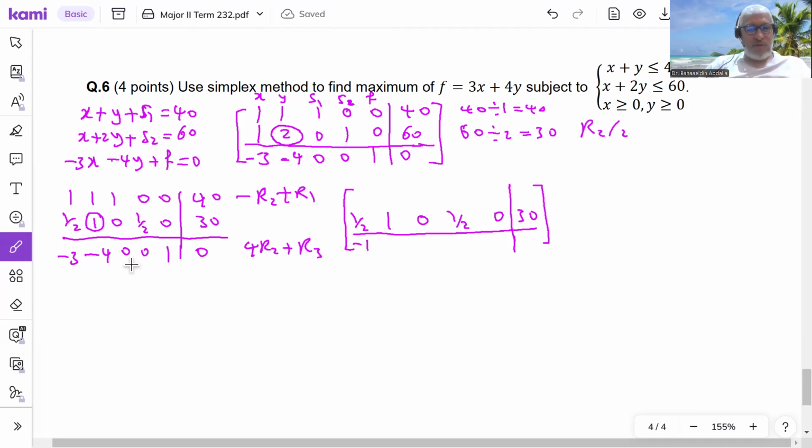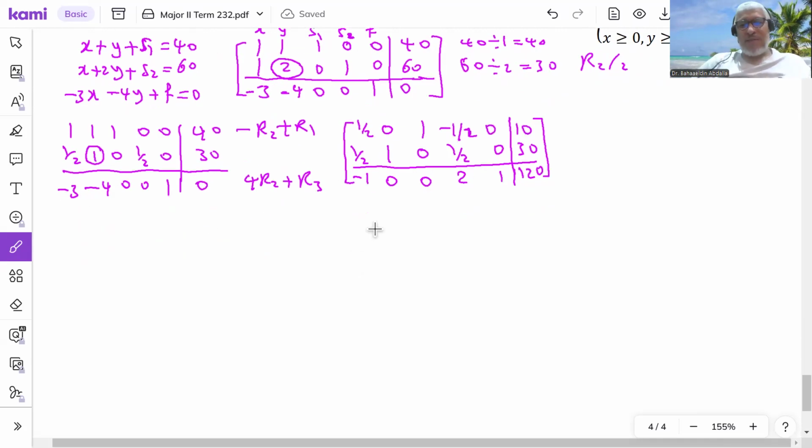So the problem is not finished. 4 plus minus 4, 0. 0. 4 times half is 2, 1. 4 times 30 is 120, plus 0. And negative half plus 1, -1 plus 1, negative half plus 0, and -30 plus 40. This is the new matrix.